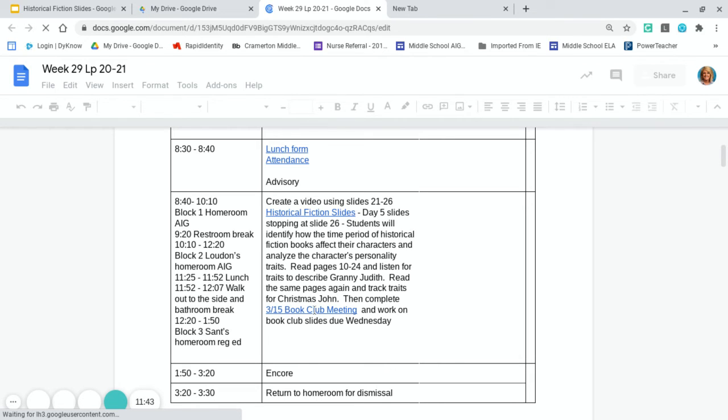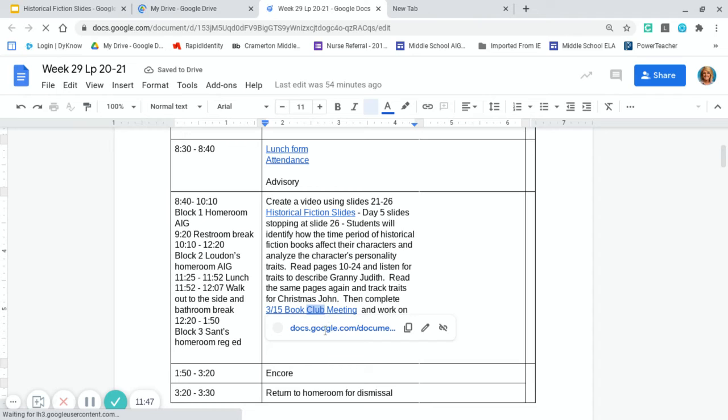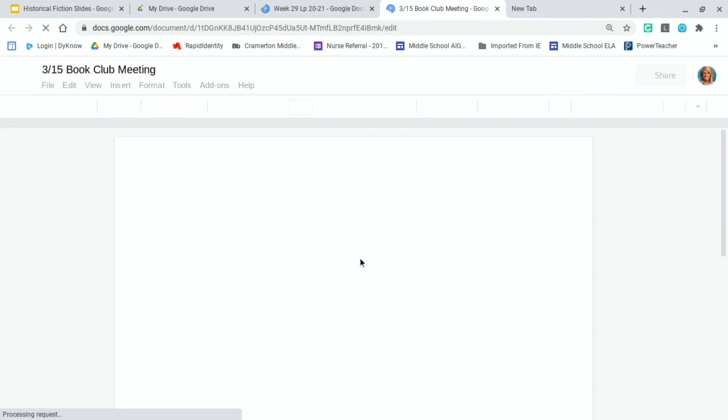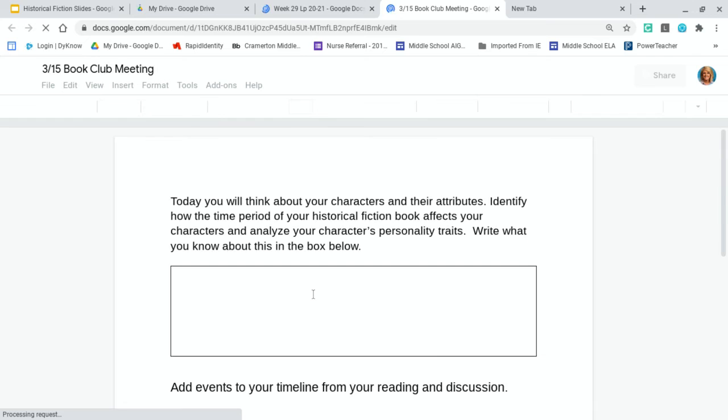Well, I can't get it to open for some reason. There we go. So in this particular box right here, you're going to list your characters and talk about some of the issues that they're facing, and then you're going to tell me how you feel these issues are affecting their personality and how they're possibly developing different personality traits.